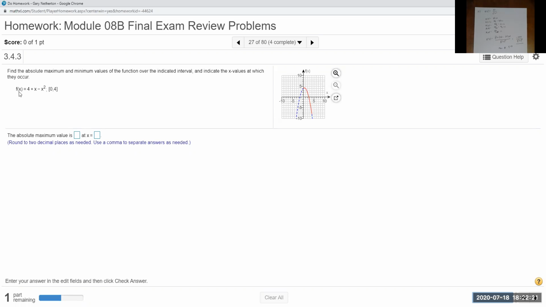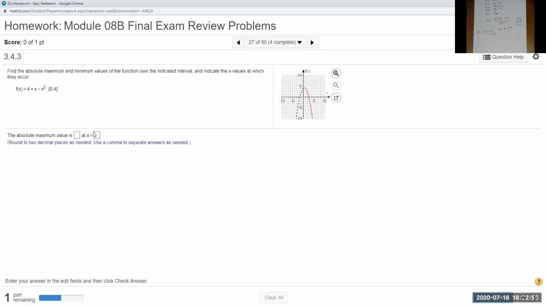Let me write down this function, and let's take a quick minute to talk about the philosophy of finding absolute maximums and minimums. So this function is f of x equals 4 plus x minus x squared, and x has to be greater than or equal to 0, less than or equal to 4.